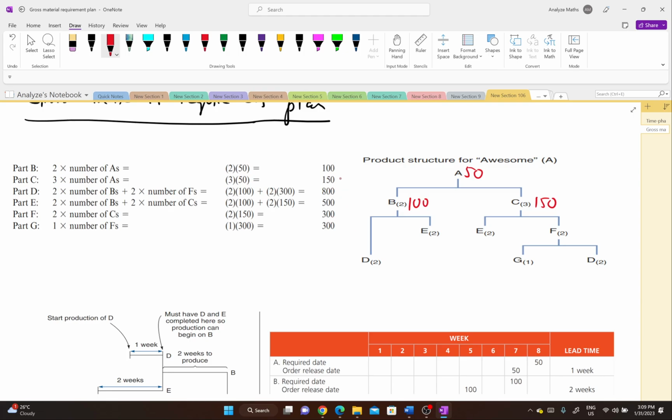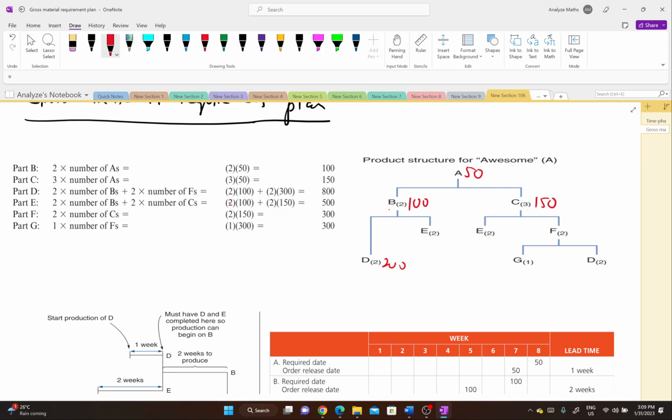So like that you can see all these numbers part by part. For D, for one component B we need 2D, so you multiply, you get 200. Here 200.